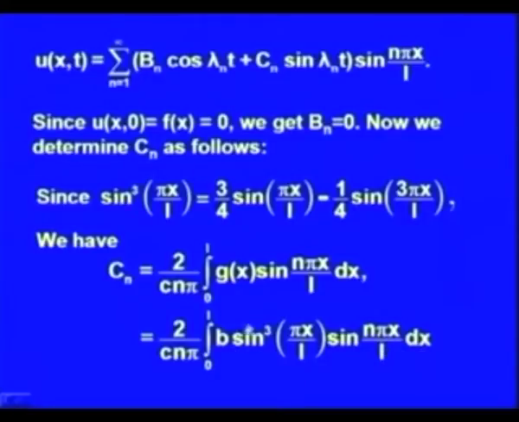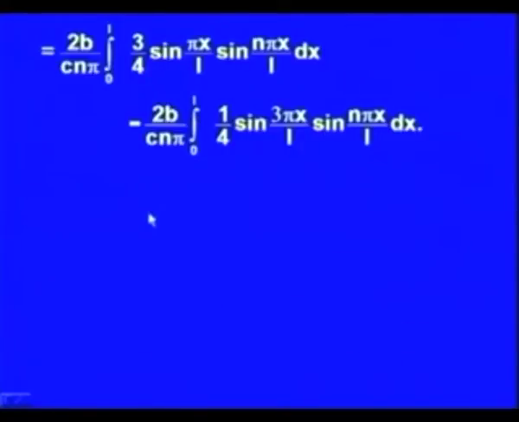Now, here when you put the value of sin cube(πx/L) as 3/4 sin(πx/L) minus 1/4 sin(3πx/L), then using the orthogonality of the sine functions sin(nπx/L) over the interval 0 to L, we will be able to determine the value of the constants C_n very easily, as we shall see now.